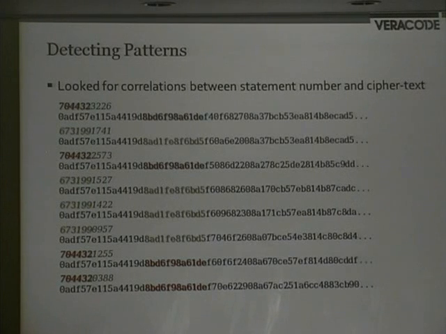This is after the base 64 decode, which is probably obvious. This is just the hex representation of those same tokens. We noticed that when it started with certain characters, 704432, you saw that same structure reflected in the statement token. That's indicated there by the colorization.